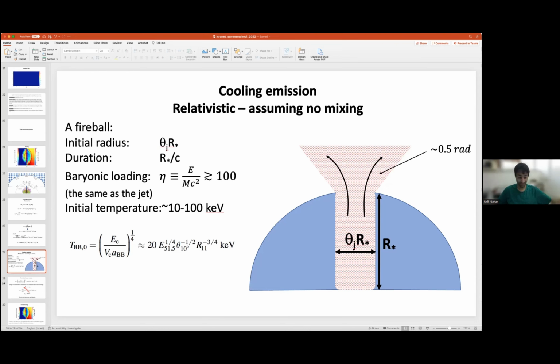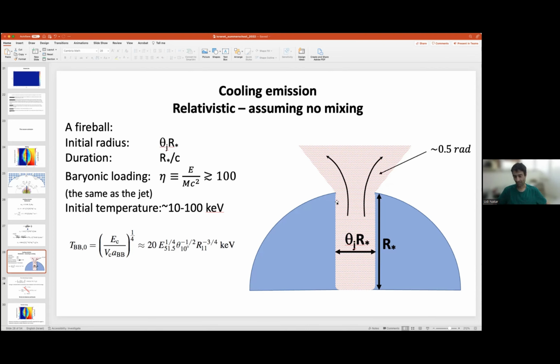So 100, 200, 500. And then you can ask, what will be the emission from the breakout, from the expansion of this inner cocoon? So if you want to take a toy physics model, we can have the following model.